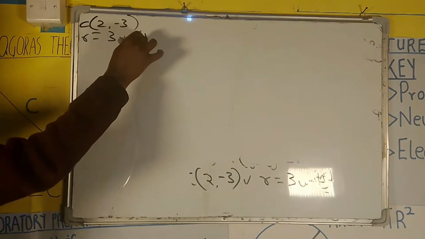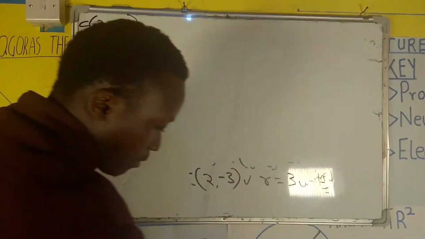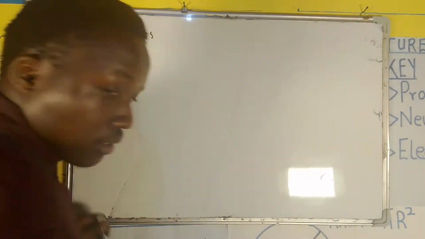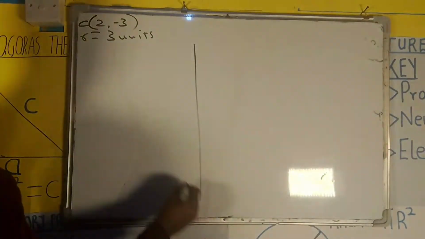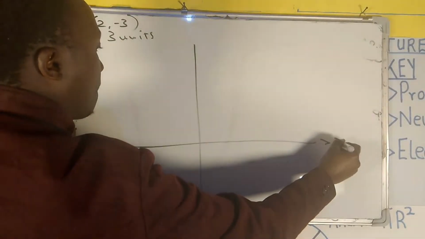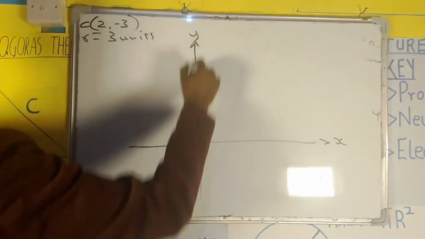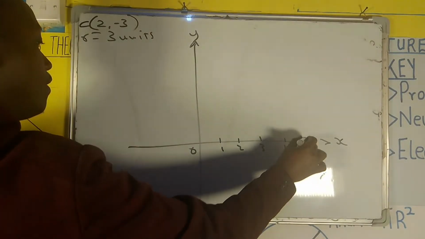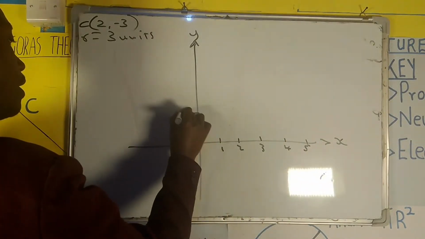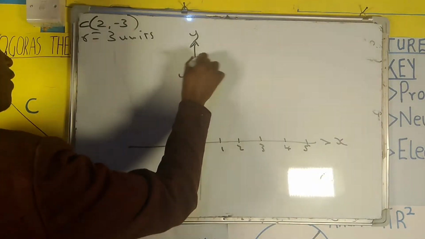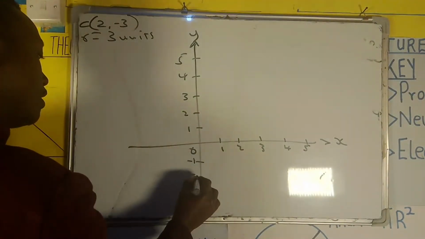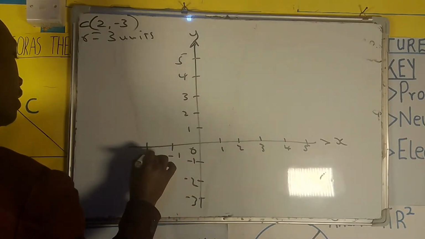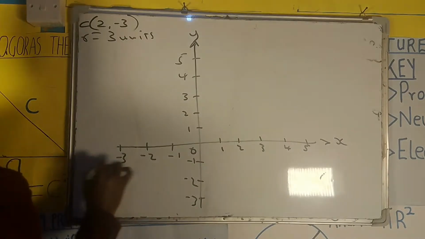And our radius is 3 units. So our Cartesian plane is like this. We have 1, 2, 3, 4, 5. 1, 2, 3, 4, 5. Negative 1, negative 2, negative 3. Negative 1, negative 2, negative 3.